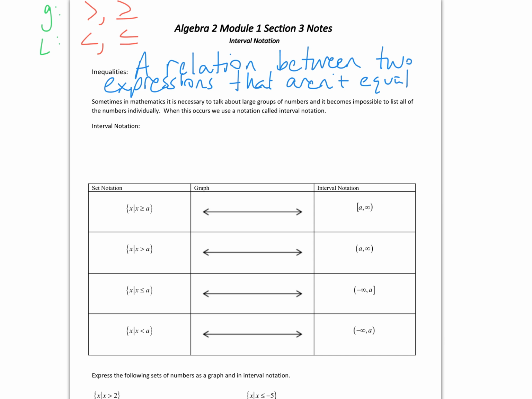So sometimes in mathematics it's necessary to talk about a large group of numbers, and it becomes impossible to list them all. When this occurs, we use a notation called interval notation. So interval notation is a shorthand way of writing an inequality.